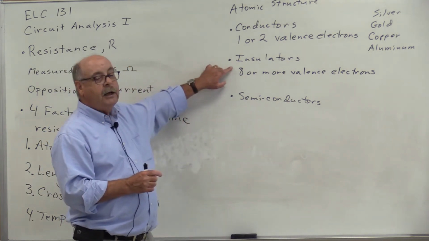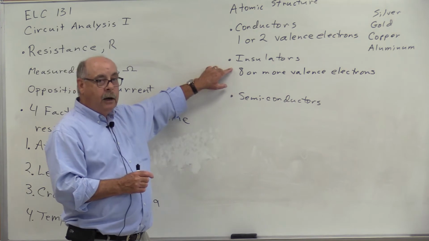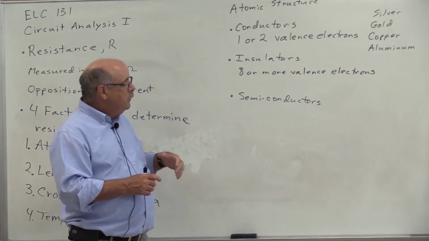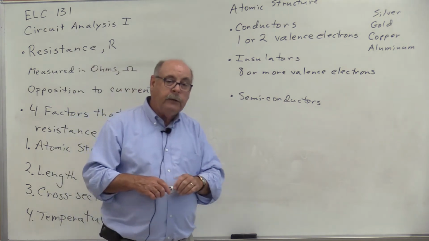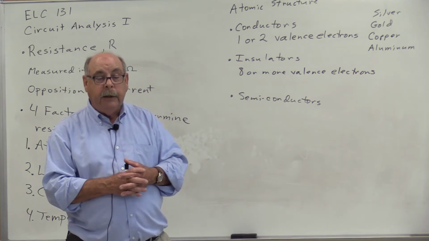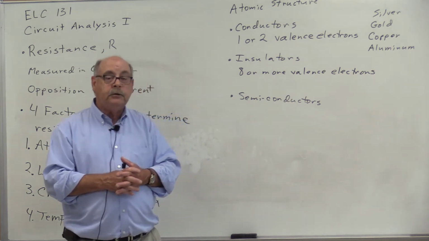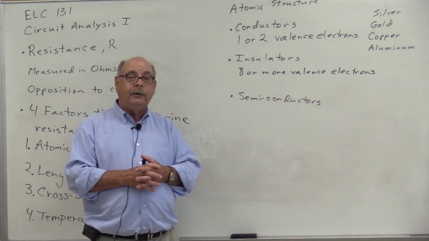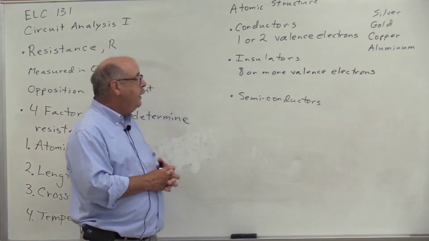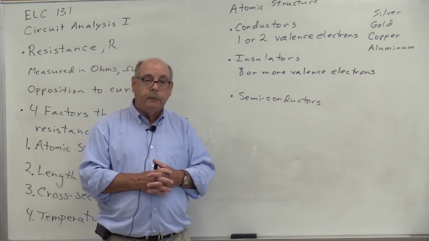Therefore, these have a very low ability to conduct current. Some elements or molecules, for example, polypropylene, because of its molecular structure, has 18 electrons in the outer orbit. Polypropylene makes an excellent insulator.